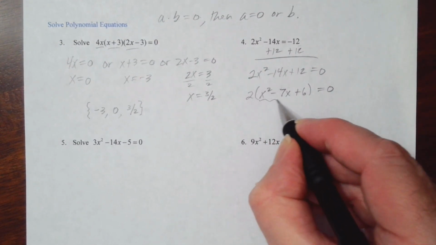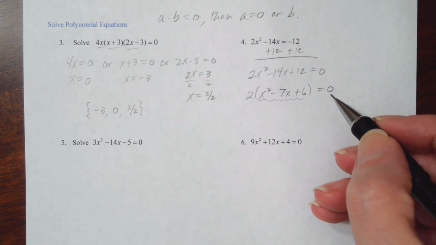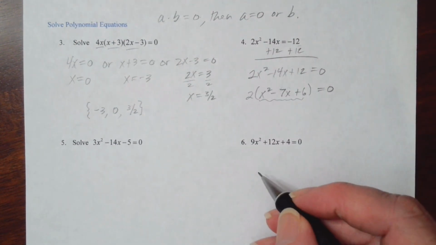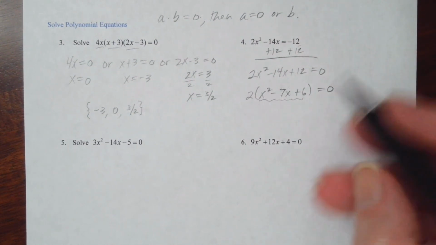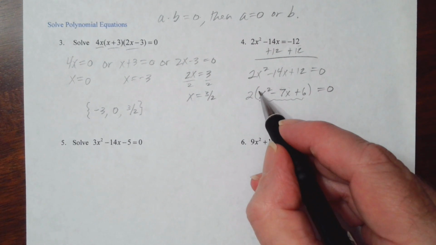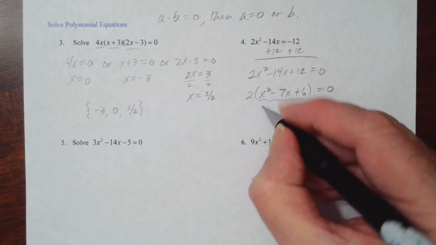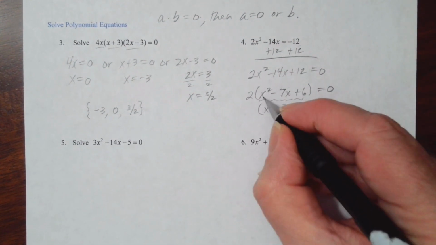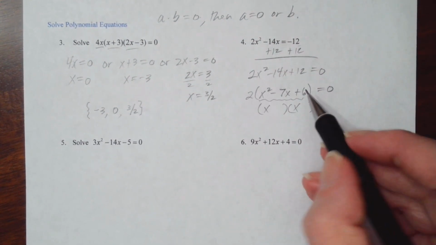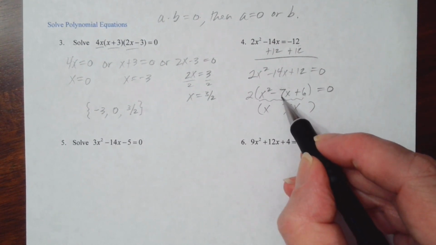So let's focus on this part right here. Now, whenever you have a 1x squared in a trinomial like this, it's pretty easy to factor because you know x times x is going to give you the x squared, and we just need to find two numbers that multiply to 6 and add to negative 7.